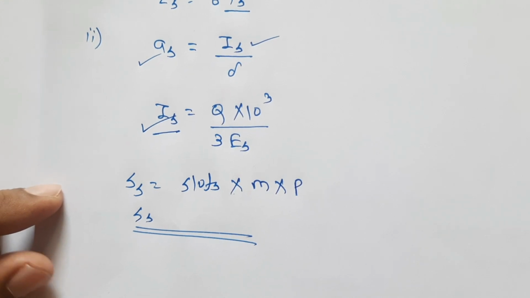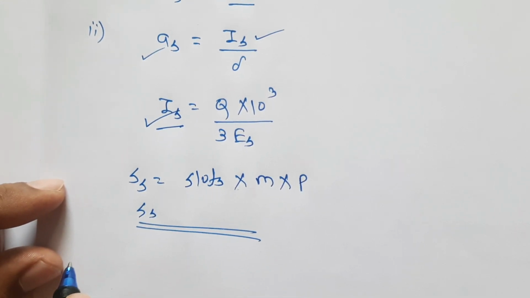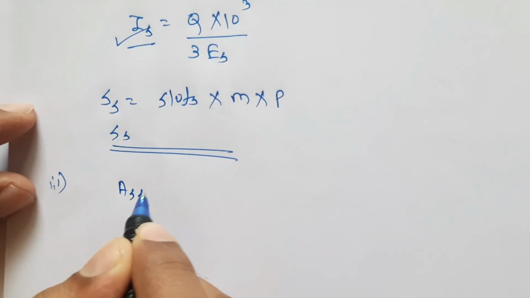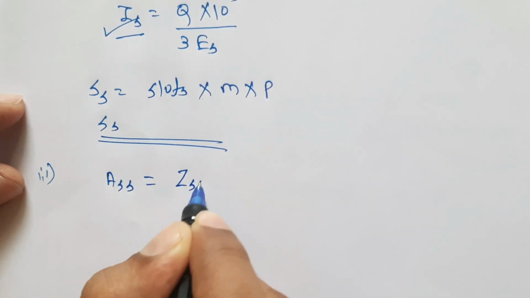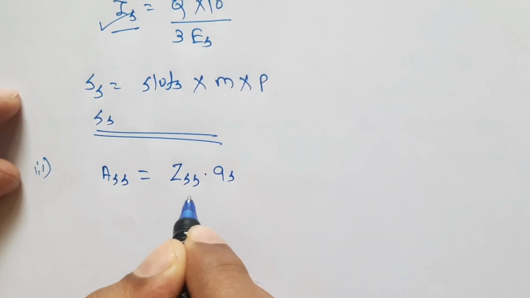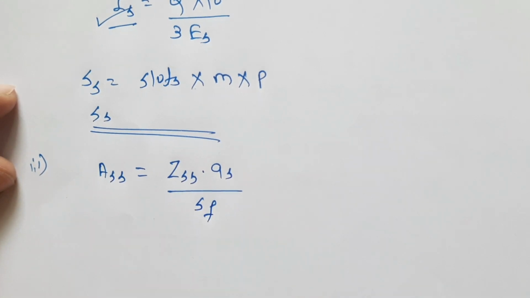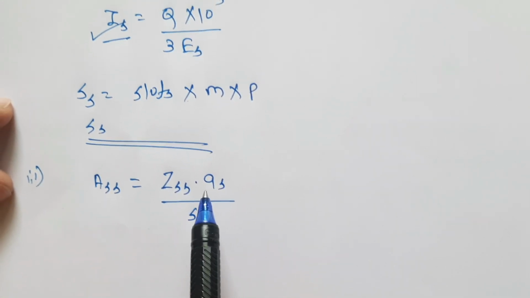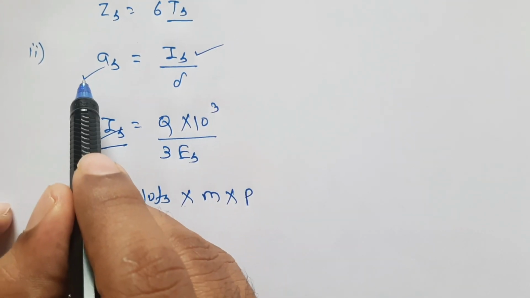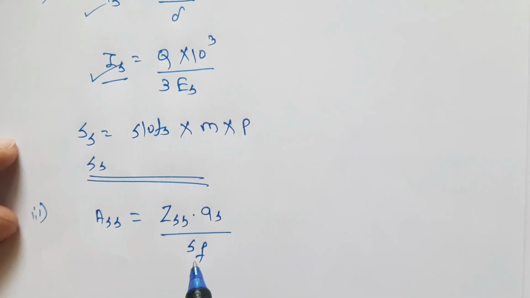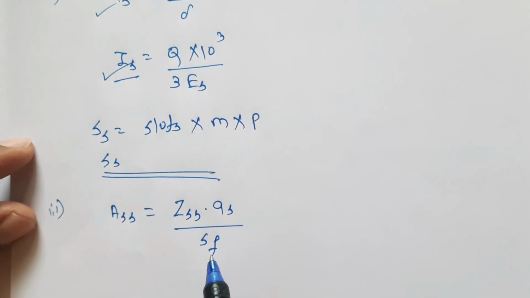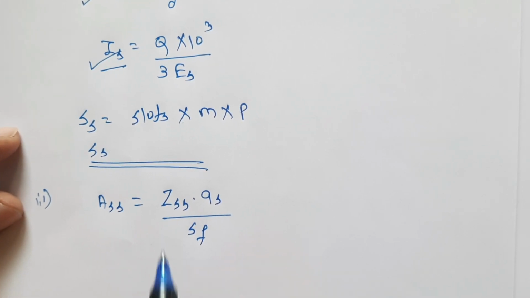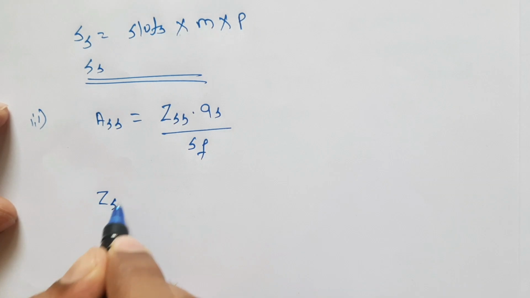Now, the last step is to find the area of the stator slot, that is ASS. The formula for ASS is equal to ZSS into AS divided by SF. AS is the cross-sectional area of the conductor. We know the value of AS from this formula. Then SF is given, that is the space factor in the given data, that is 0.4, and ZSS is the conductors per slot.